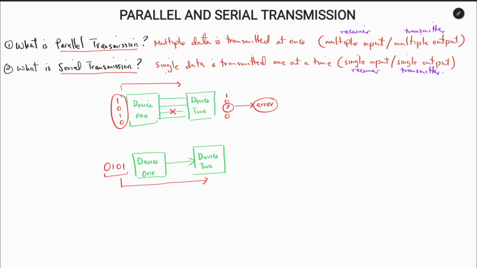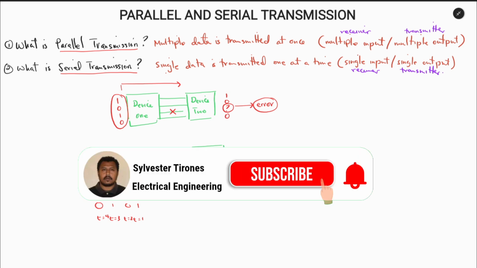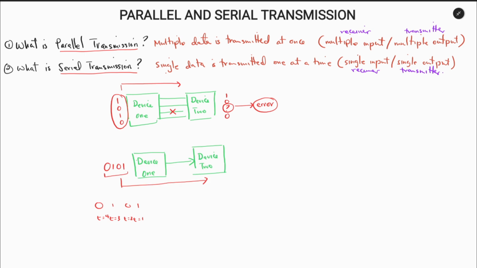The timing is very important, for we have 1 0 1 0 to be transmitted at t equals 1, t equals 2, t equals 3, and t equals 4. If there are some errors with the timing of the data, for instance at t equals 3 the data is not properly sent, we get 1 0 question mark 0, where this will be our error.